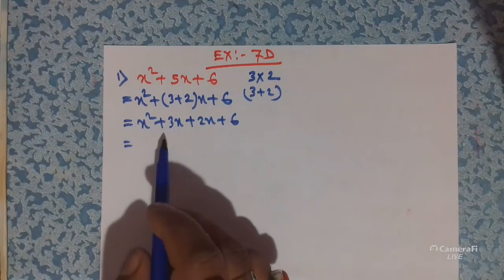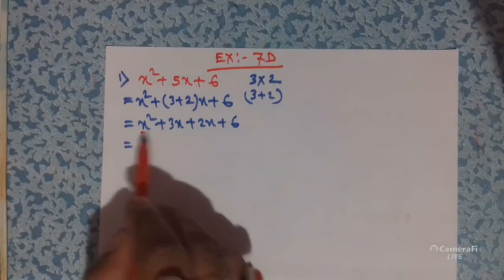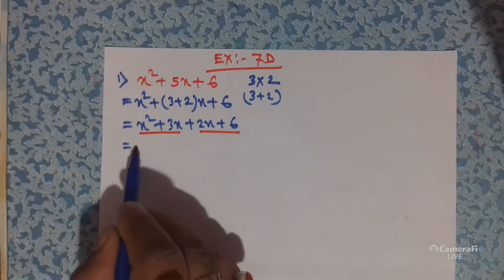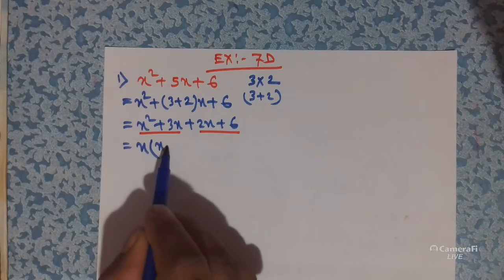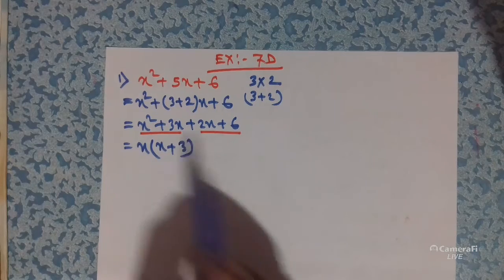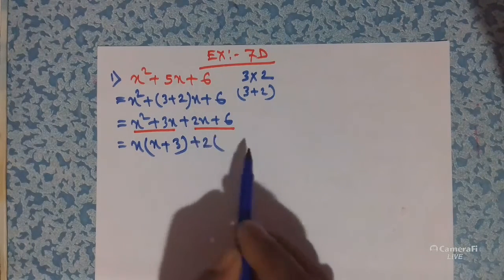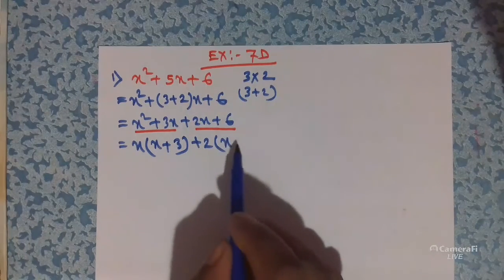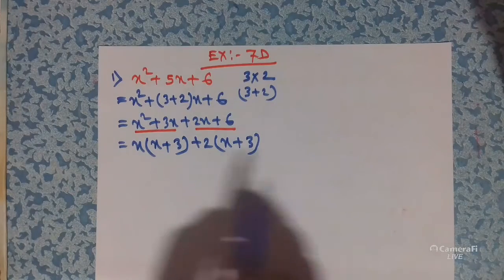Now from the first two terms we have to take some common, and from the last two terms we have to take some common. From the first two terms we take x as common, so x will be left and 3 will be left. From the last two terms we can take 2 as common, so x is left and 3 is left, because 6 divided by 2 is 3.